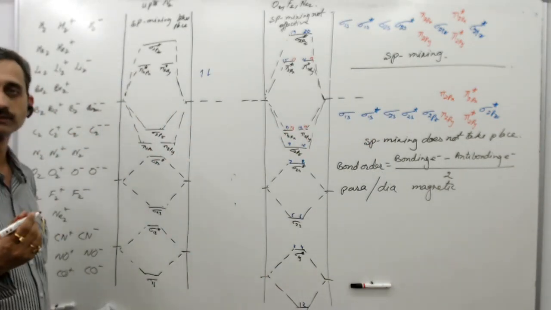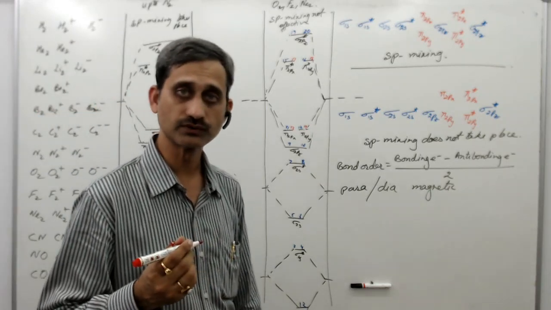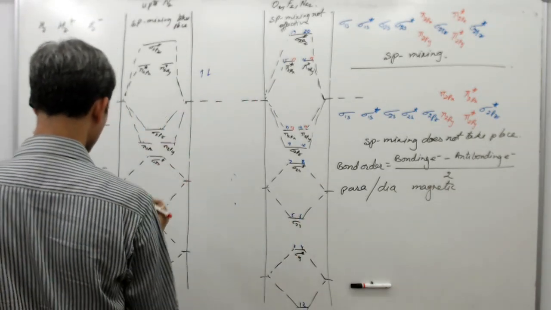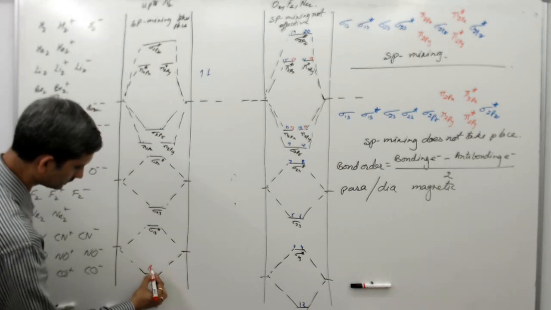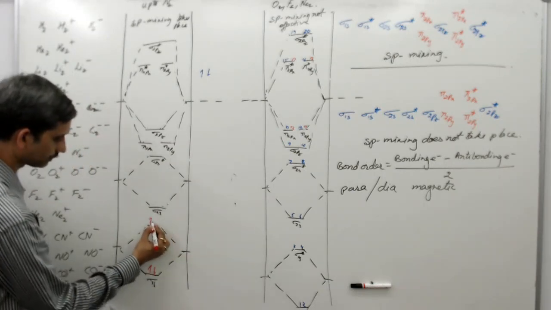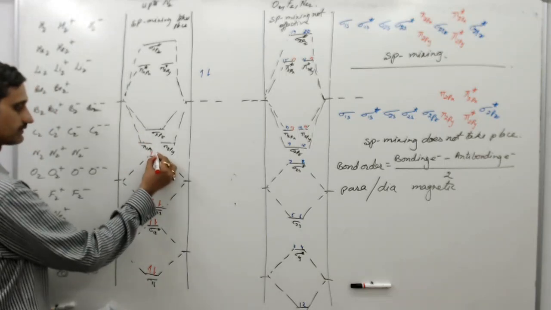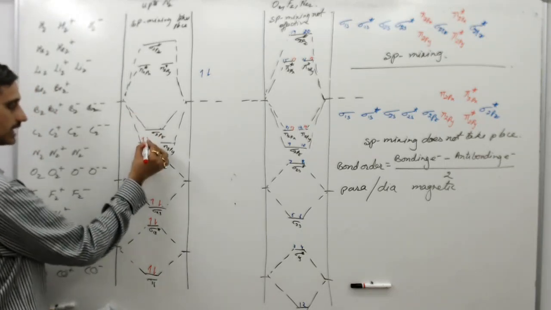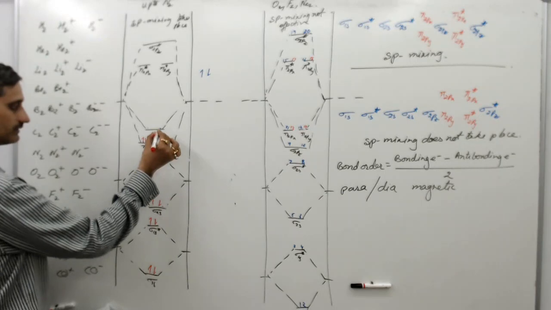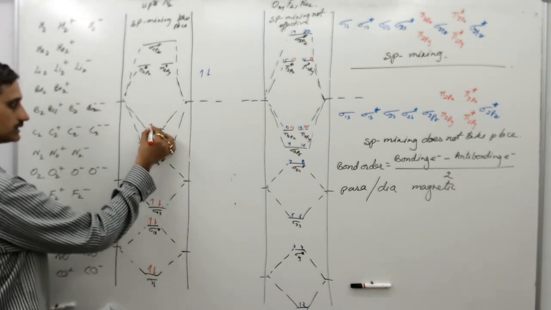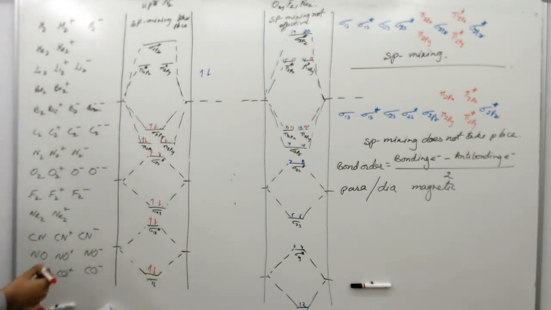Nitrogen is atomic number 7. It has 14 electrons. So I'm going to fill 14 electrons here: 1, 2, 3, 4, 5, 6, 7, 8, 9, 10, 11, 12, 13, 14. This is how I'm going to fill the electrons in nitrogen.